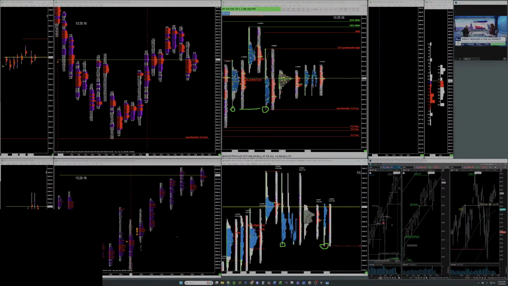That's one thing. The other thing that I have seen is the ES not accepting the direction of this volume here, and showing rejection yesterday.